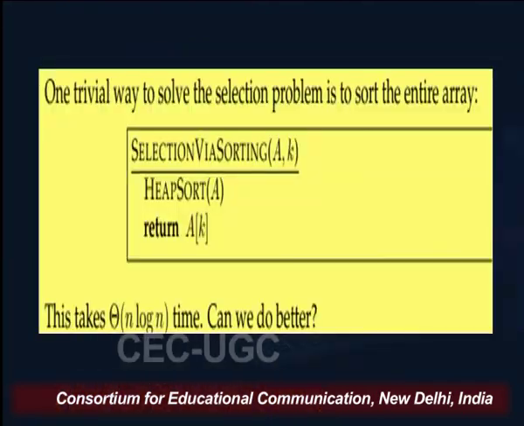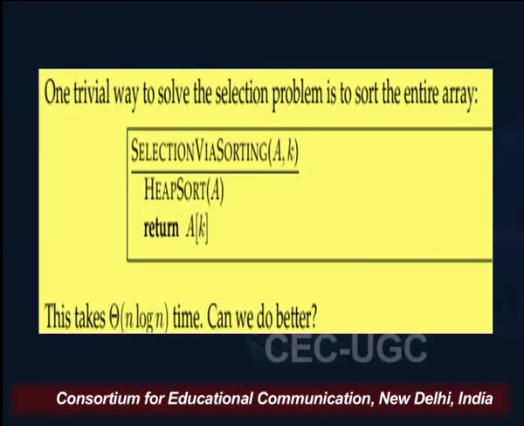This is the standard time which we generally consider for sorting the array, although there are algorithms which may take n squared in the worst case, or order n in the best case, but generally we talk about n log n as the time to sort the array. So, the trivial way to solve the selection problem is to sort the entire array.